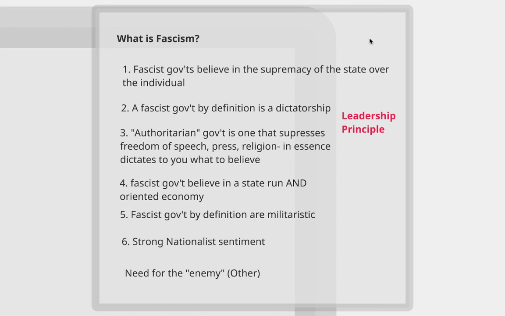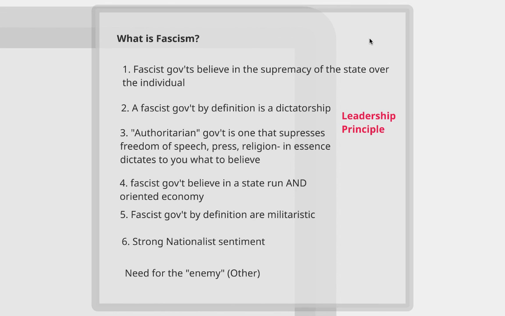What this means is that it's all about what's in the interest of the country, right? There is a willingness here as well to use police surveillance, terror, and violence to keep others in line, maybe marginalized groups that are not a part of this nationalist vision.